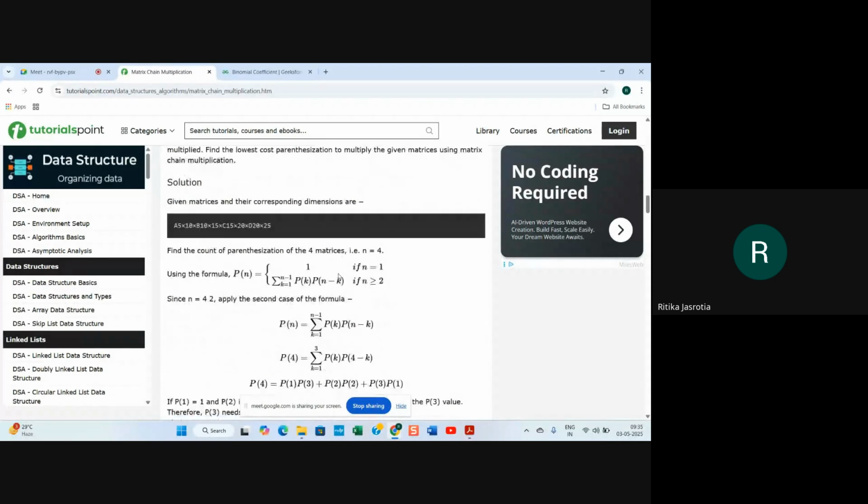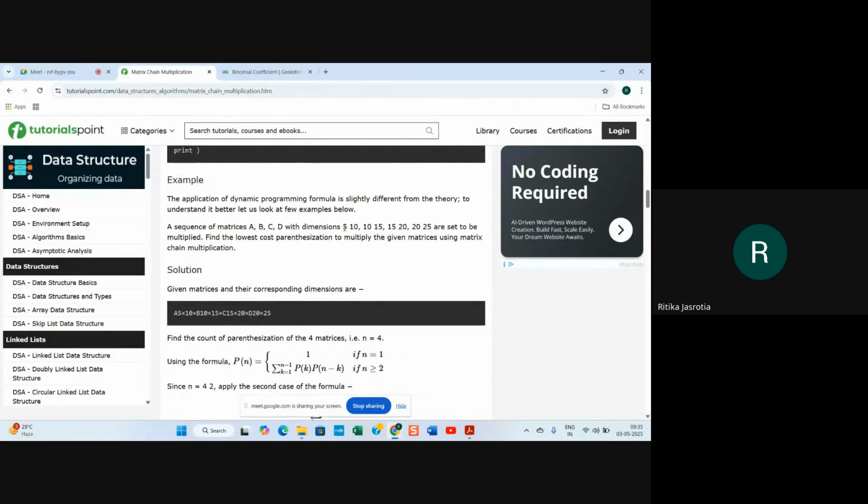If we say that D0 is this and D1 is this, and 10 and 10 both we will be taking as D1, then D2, then D3 and D4.